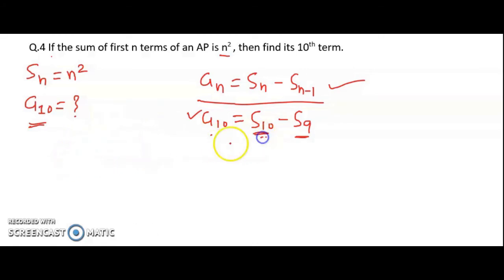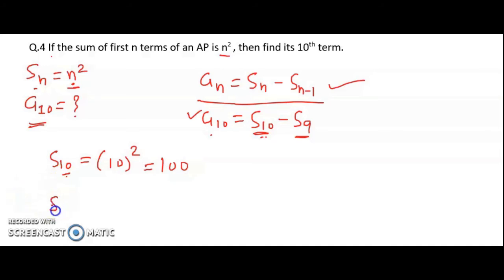So first of all, let's find out S10 and S9. To find S10, you can see here Sn equal to n square. So if you want to find S10, then in place of n square we will put 10 square. So we will get the value of S10 equal to 10 square, that is 100.